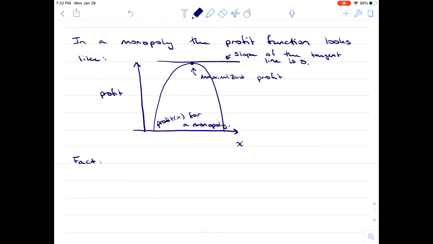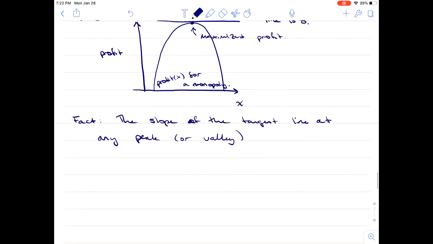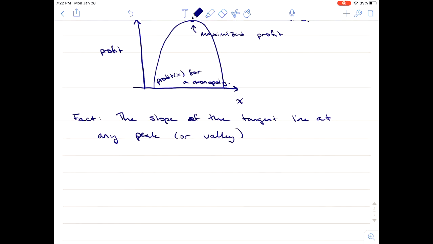Here's another little fact. The slope of the tangent line at any peak or valley, I'll put that in brackets because a top or a bottom.